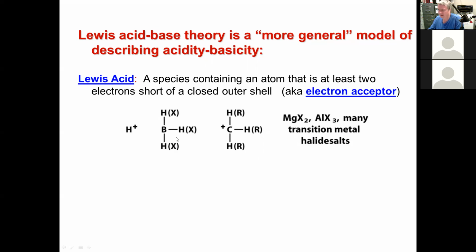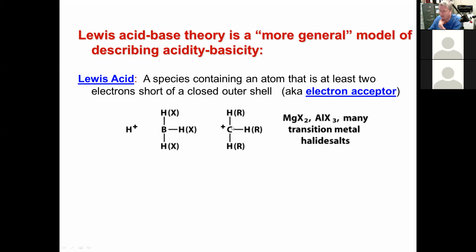It's a, I don't know, hextet, or I don't know what you call it. But boron has a free p orbital. So it's an empty p orbital, and that makes it acidic. So this is actually a Lewis acid. Carbon with a plus charge was called a carbocation. Remember that? Well, it's also a Lewis acid.